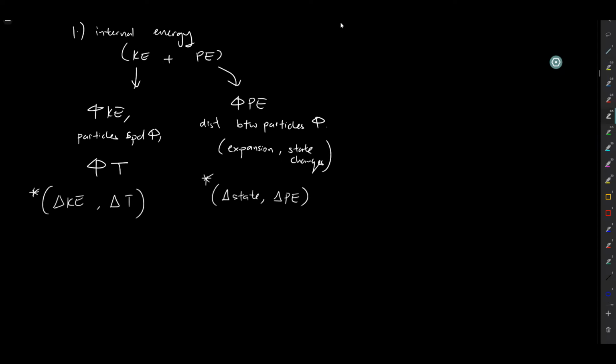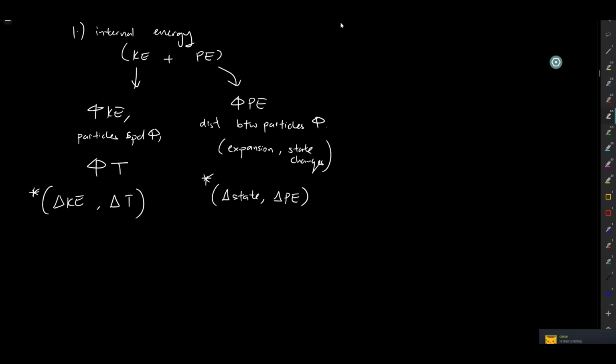That means whenever we heat something up or cool something down, it will always undergo expansion or contraction, whether or not the object changes state. If I heat up a metal from 30 degrees to 40 degrees, there'll be expansion already. The metal doesn't need to change state, but it expanded. The only reason it expanded is that the distance between particles has increased, and therefore the PE must have increased.